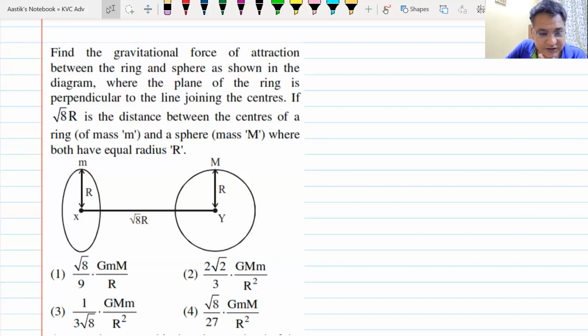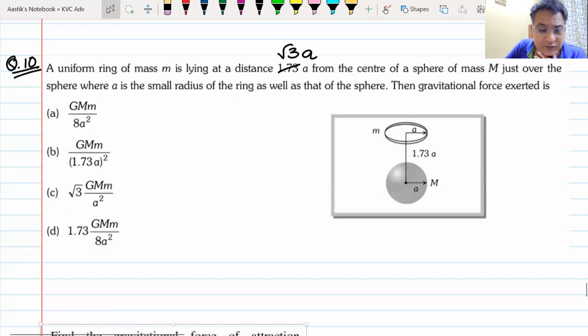This is the question from your JEE paper, and as I said, the question is more conceptual. What you have to understand here is which force you can find out. Whatever forces they exert on each other are going to be equal and opposite, yes or no?